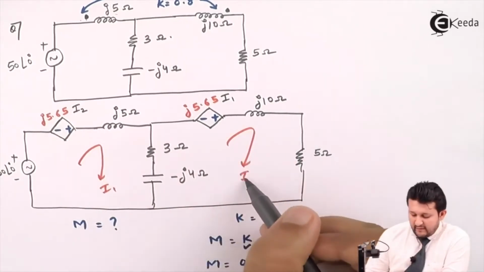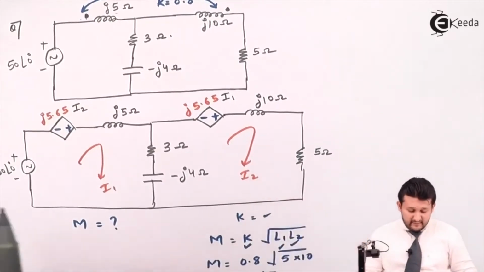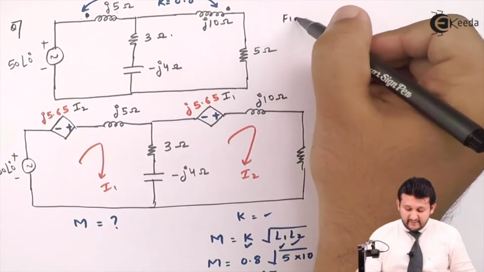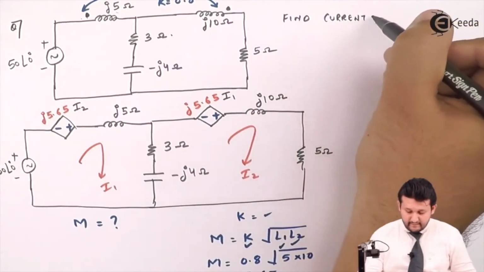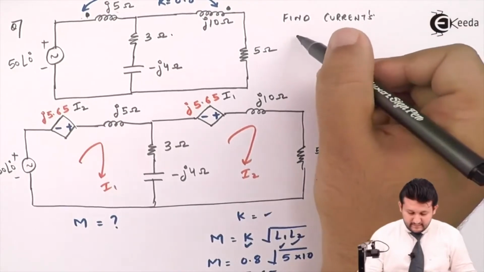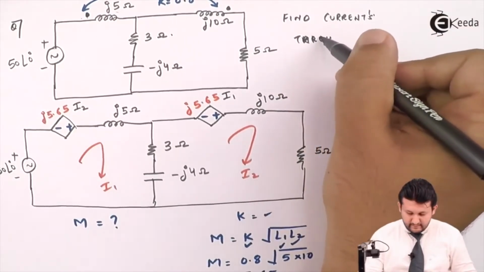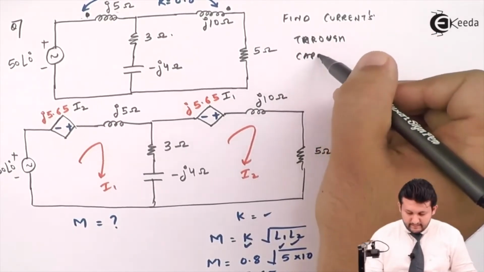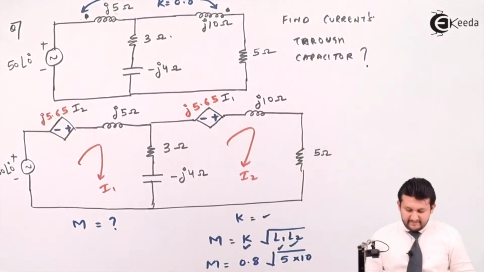So over here you have 2 meshes, apply 2 currents. Let's do it. In this circuit, ultimately the question given to you is to find the current through the capacitor.